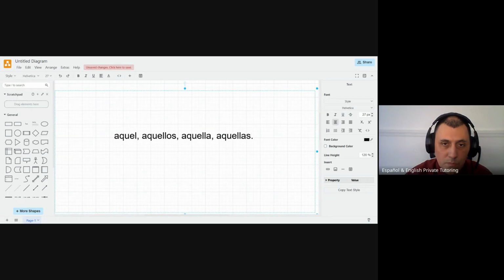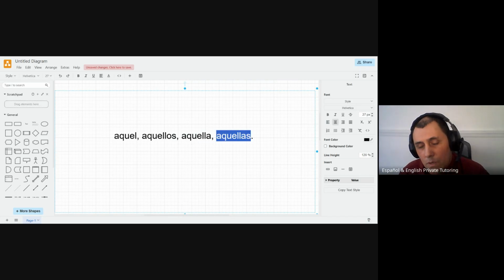Aquellos means those, masculine. Both of these are masculine. They have to agree with the noun they are describing. Aquella is feminine and also means that but feminine. And aquellas is those feminine. They are only used for nouns that are feminine.